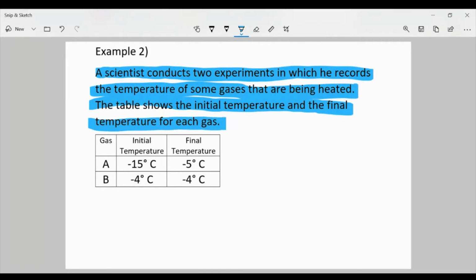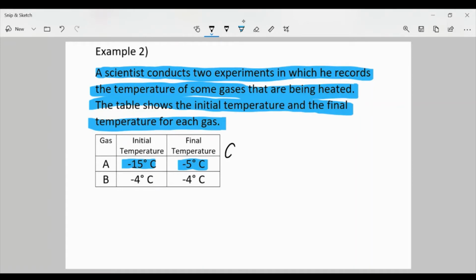We want to get the change for each one, for gas A and gas B. So let's look at gas A. We have our initial temperature here and our final there. Remember, like we did on the problem before, we want to take the final minus the initial.